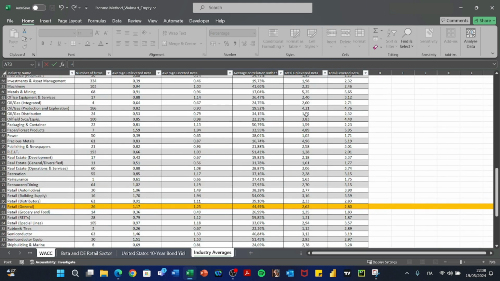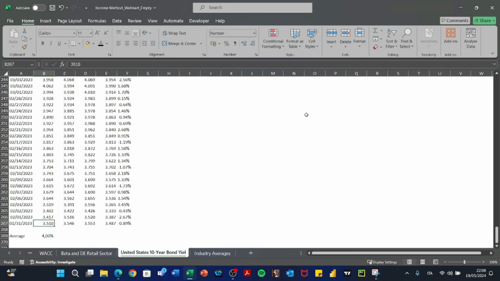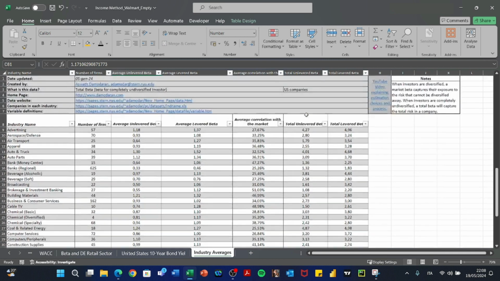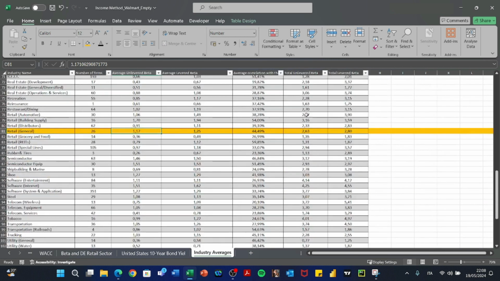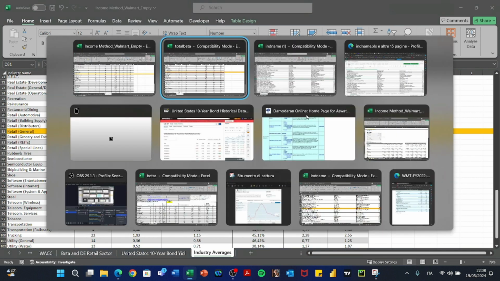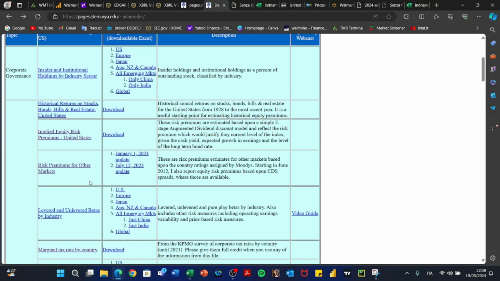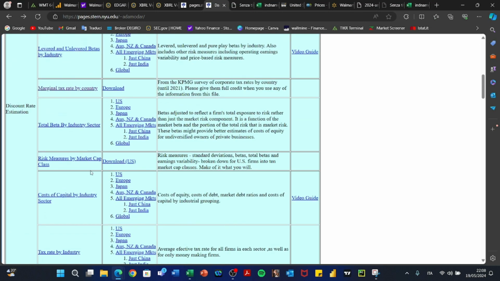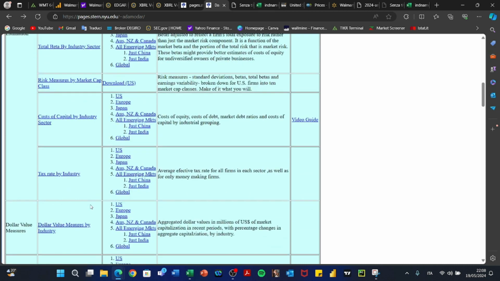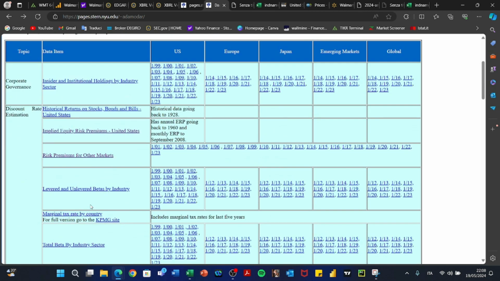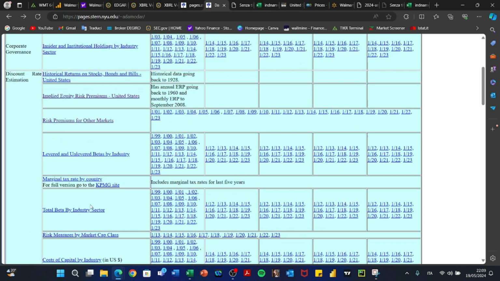Where is the... I downloaded the partial file. Great. Total beta. Where is the total beta level?